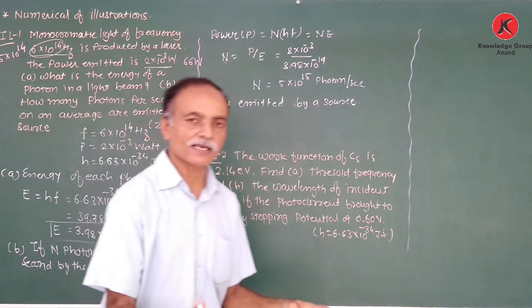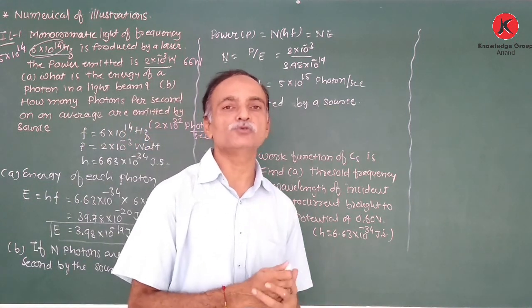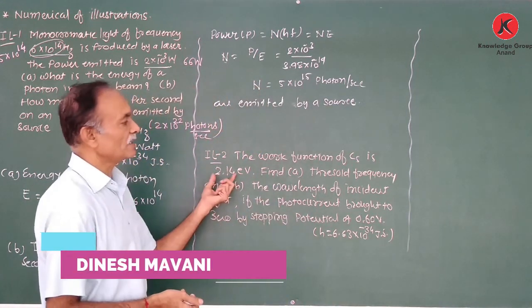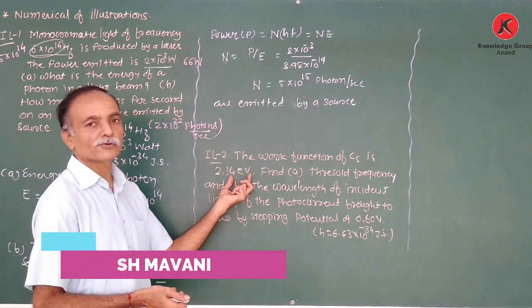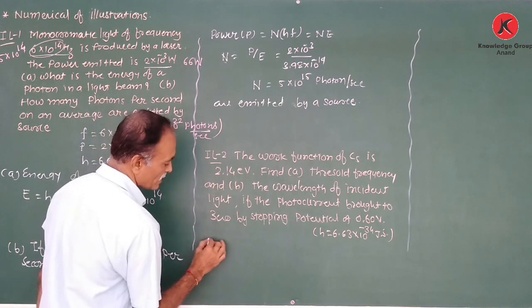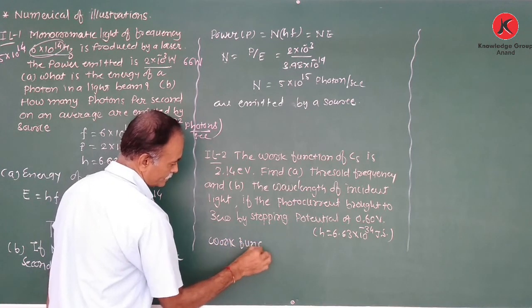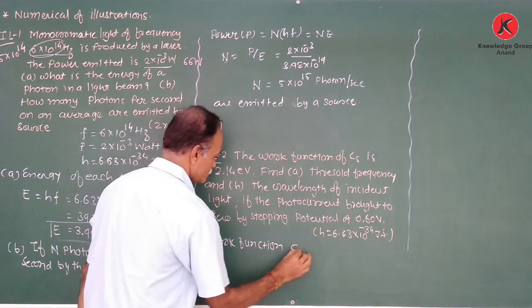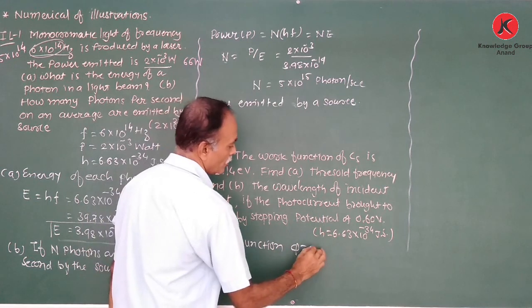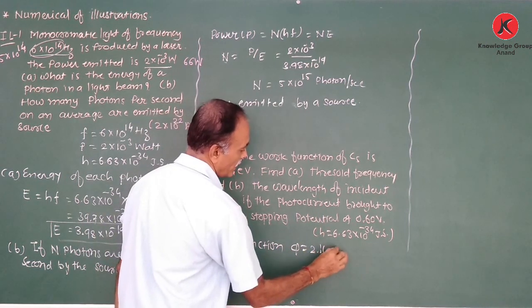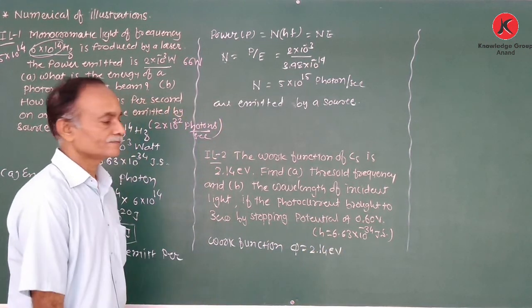Generally, in numericals, we use the energy in joule. So we first have to convert the work function into joule. Therefore, work function phi 0 is equal to 2.14 electron volt.